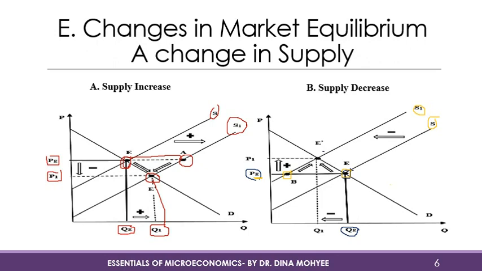This difference is a shortage in the market, meaning that the quantity demanded exceeds the quantity supplied at this price. Accordingly, the price will tend to rise until we reach a new equilibrium point at E asterisk at a higher price and a lower quantity.